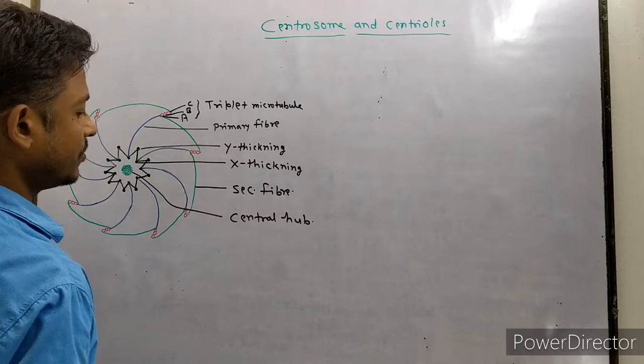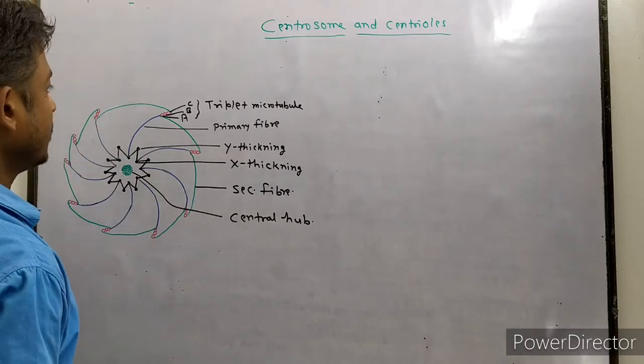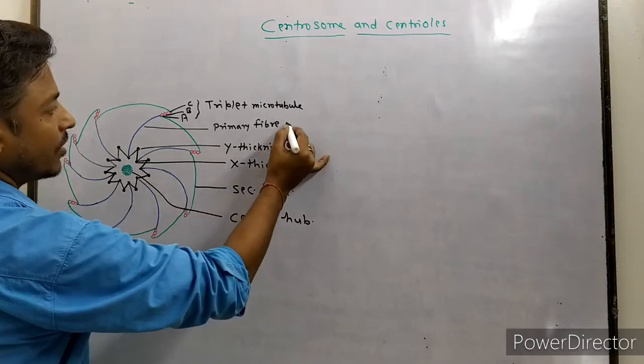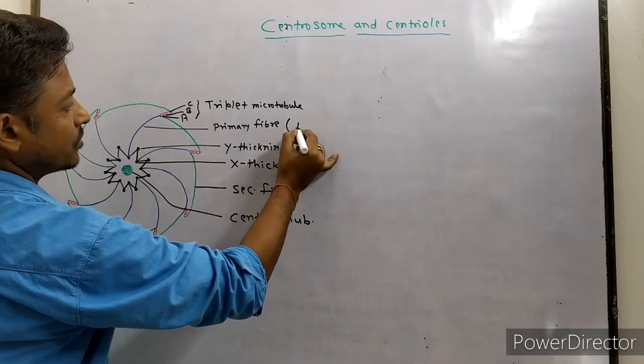Central hub, or it is also called radial spoke.